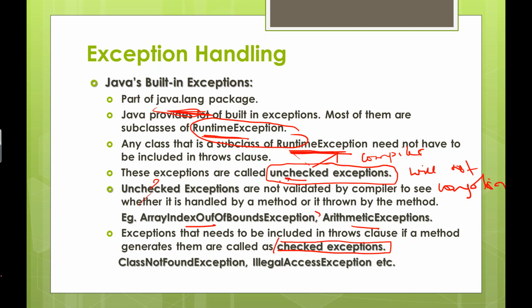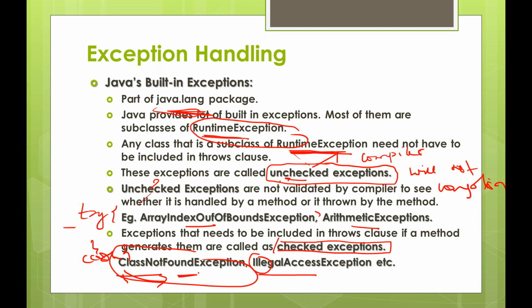If you don't catch them, for example ClassNotFoundException and IllegalAccessException, if you don't specify them under a try catch block, the compiler will complain, saying there is a ClassCastException or ClassNotFoundException that has to be caught.